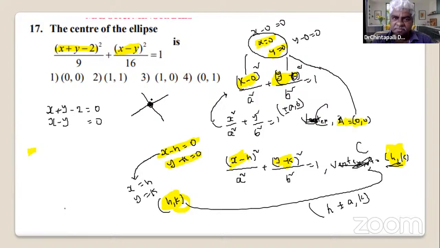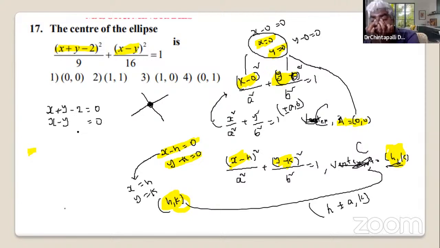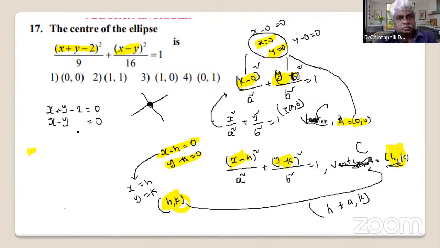Just solve them and finish the solution. So x equals 1, y is also 1. Good. Correct. x is 1, y is 1.